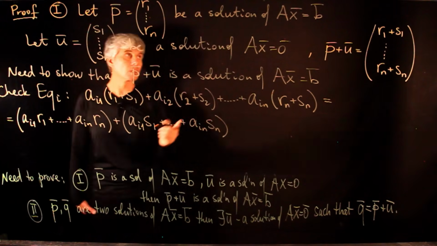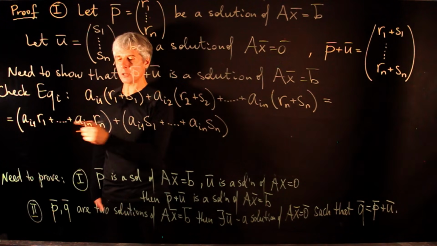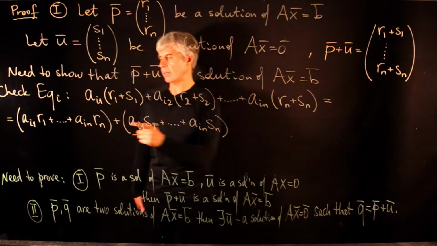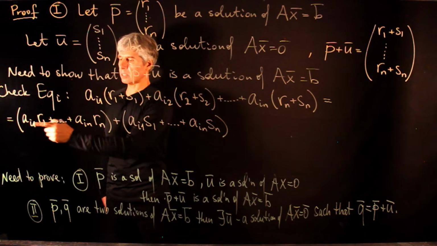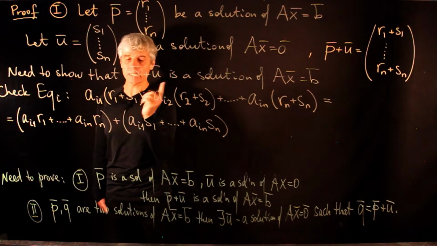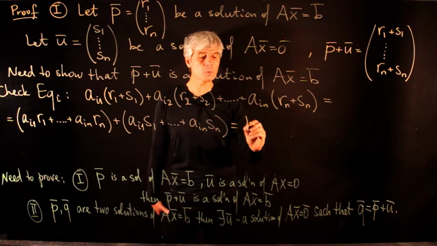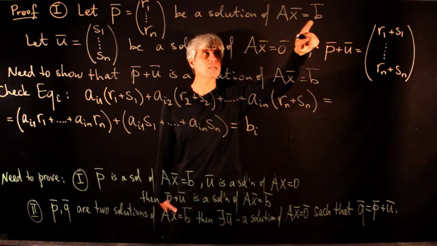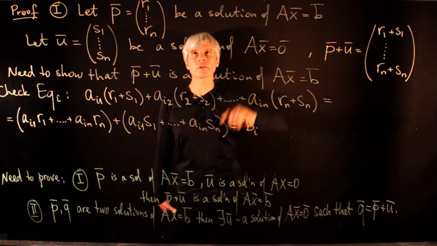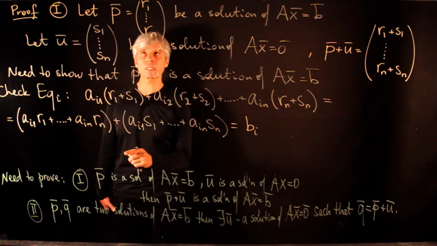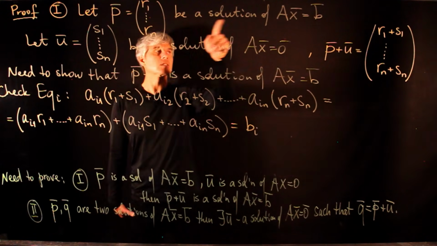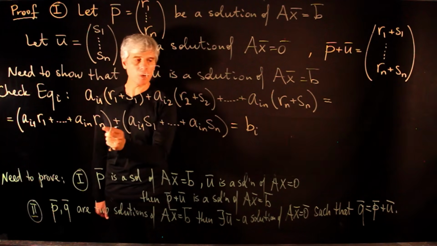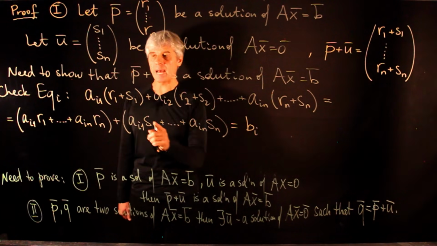We see that R's satisfy the system AX equals B, and this is equation number I of that system with the right-hand side equal to BI. So since P is a solution of AX equals B, when we substitute R values in equation number I, we're going to get BI.